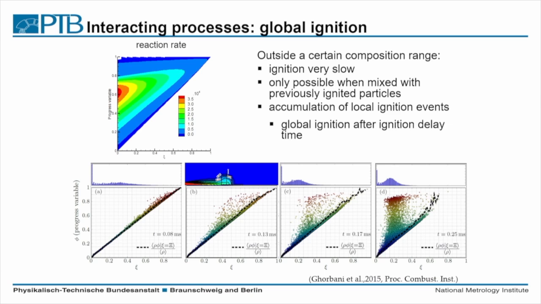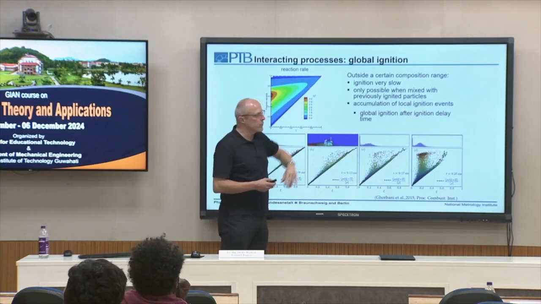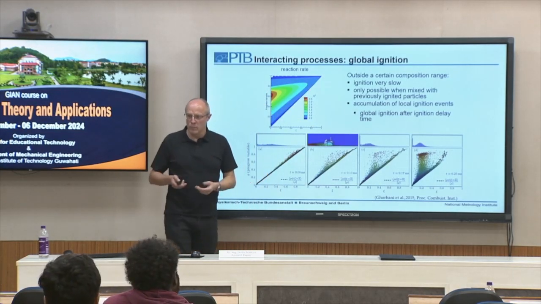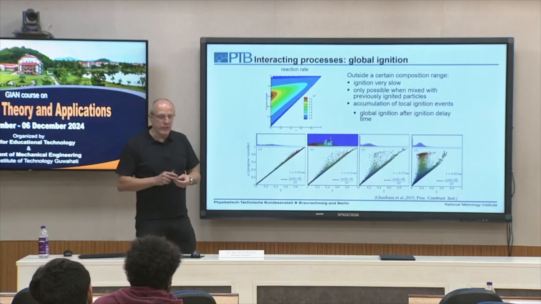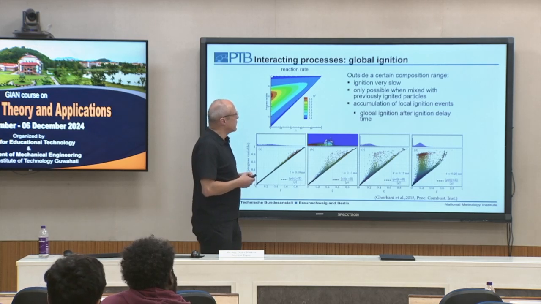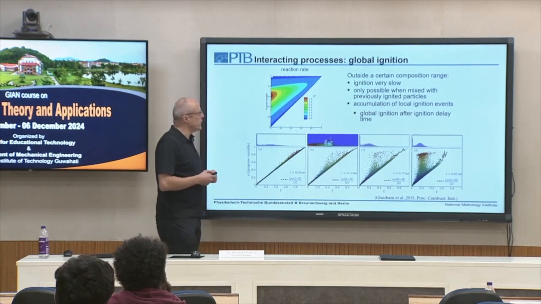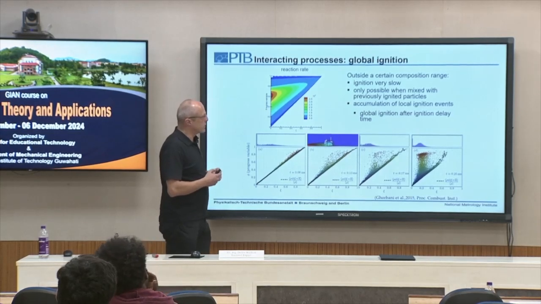So the question is, where does ignition occur? Outside a certain composition range, ignition is very slow. It's only possible when the unburned mixture is mixed properly with previously ignited particles.